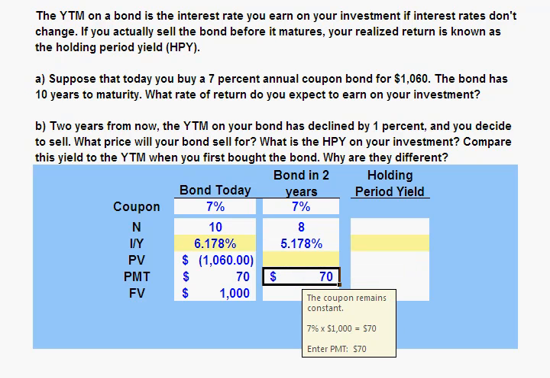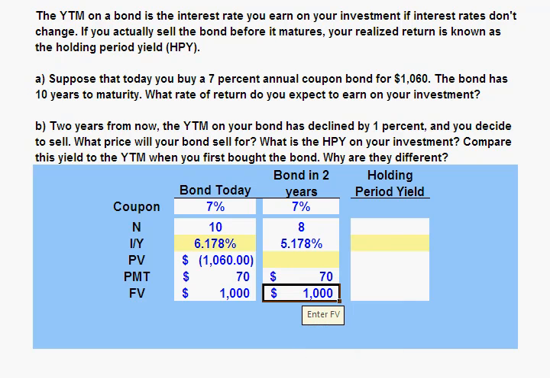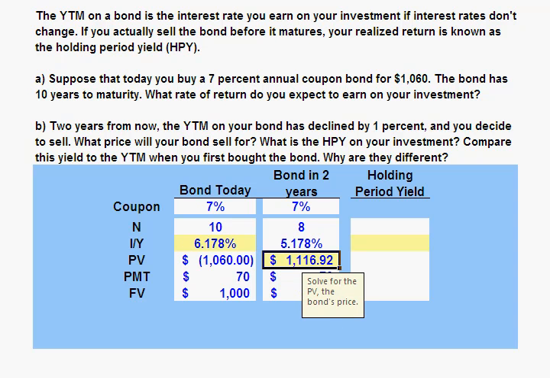This remains constant, as does the $1,000 face value. We can finally solve for our expected selling price 2 years from now and find that if yields do go down to 5.178%, we will be able to sell our bond for $1,116.92.